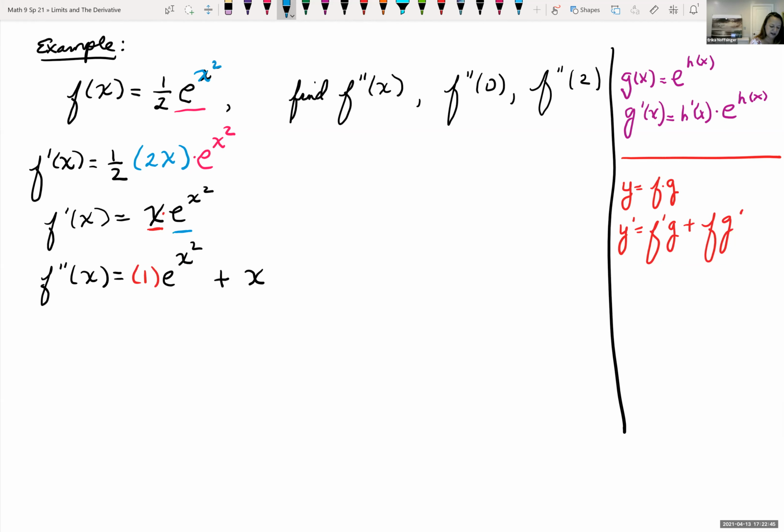So the derivative of e to the x squared: the derivative of our exponent, x squared, is 2x, times the original e to the x squared power. So this is e to the x squared power plus, well, x times 2x is 2x squared, e to the x squared power.